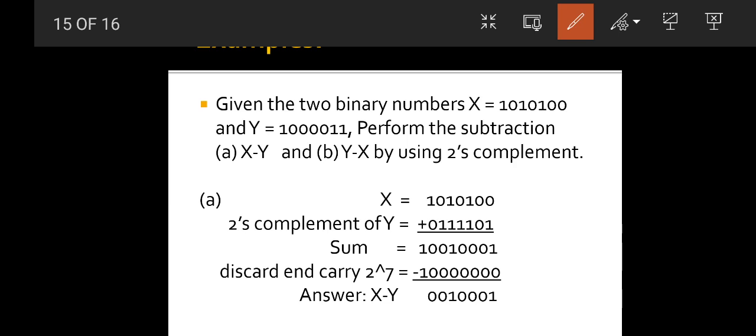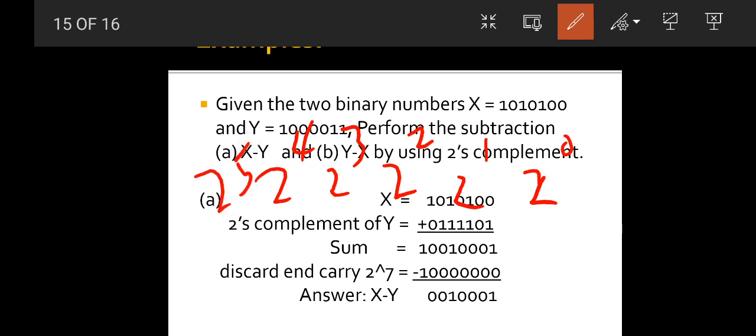Since your exponent is 7, it will be 2 raised to the power of 0, 2 raised to the power of 1, 2, 3, 4, 5, 6, and 7.